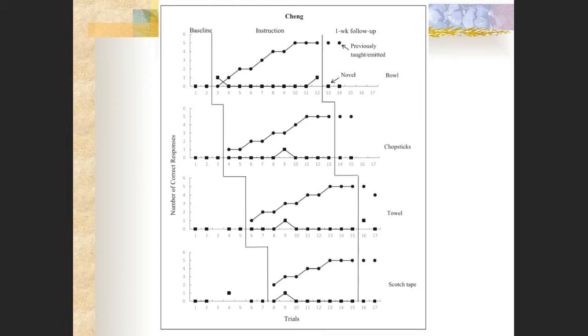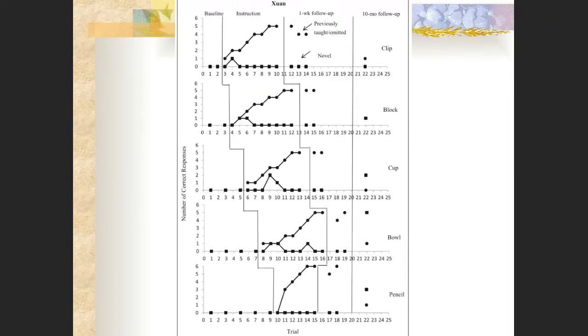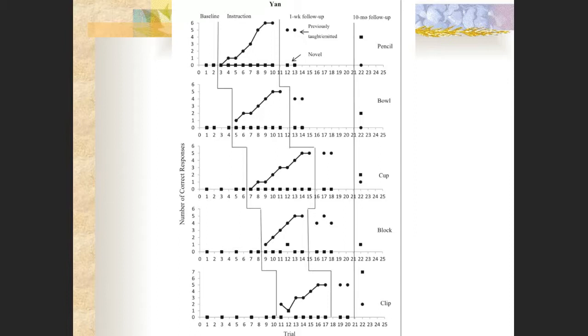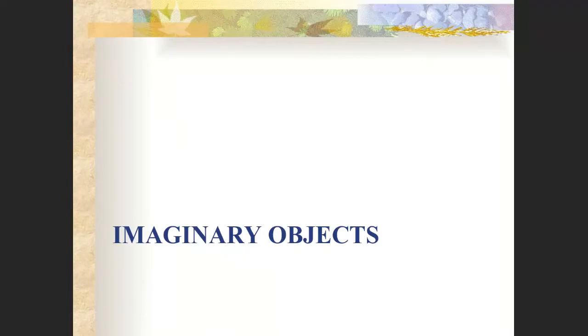So we think that in this approach, the child has to generate multiple responses, and some novel responses occurred in the process. This is another approach that we have used to teach object substitutions. These are all the kids, and they acquired the skill.